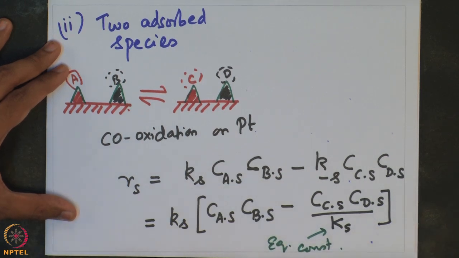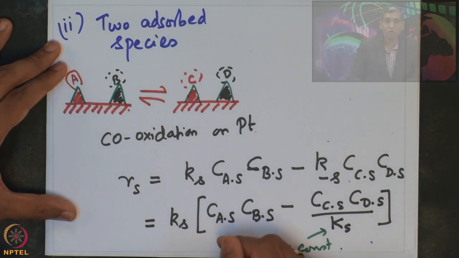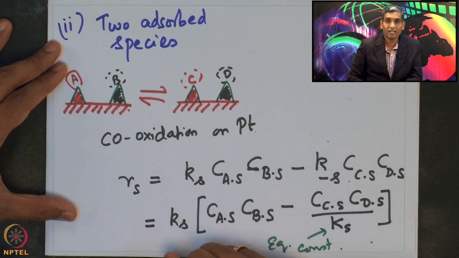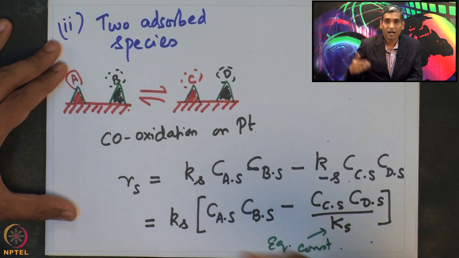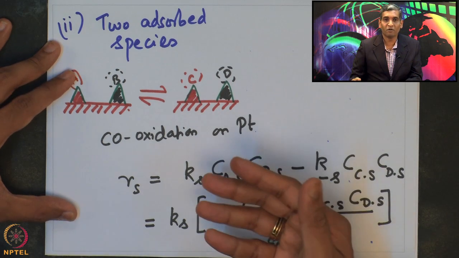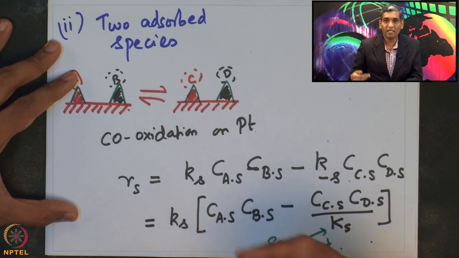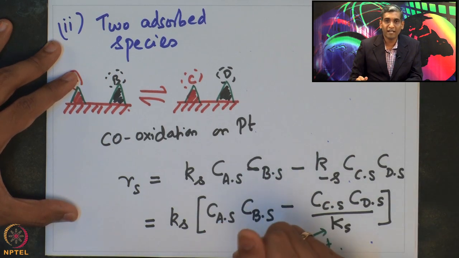So, CO oxidation, this is the mechanism that is known to actually happen when the CO is oxidized under air conditions, where CO is reacting with oxygen on the surface of the catalyst in order to form CO2. CO oxidation is a very common reaction, because CO is one of the very well known and common byproducts of the combustion of any of the organic species, and CO is not an environmentally friendly molecule.